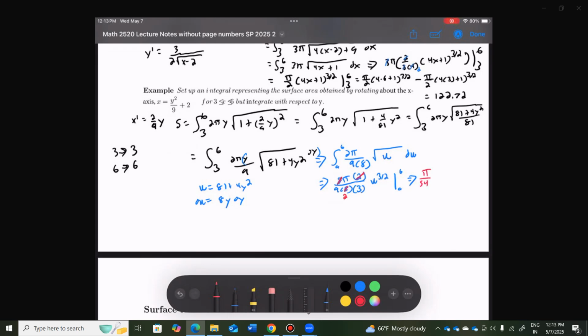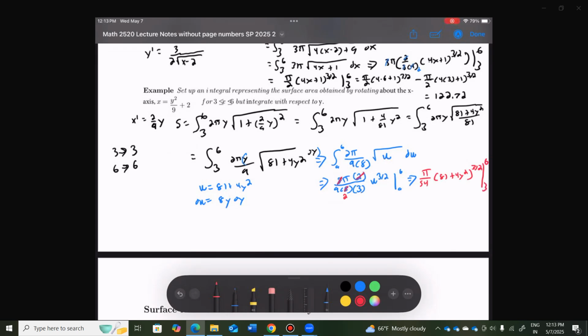And then I'll bring back what I have for u, which was 81 plus 4y squared, to the 3/2. Okay, which means I'm still evaluating this from 3 to 6.